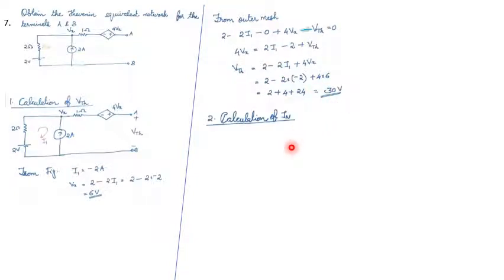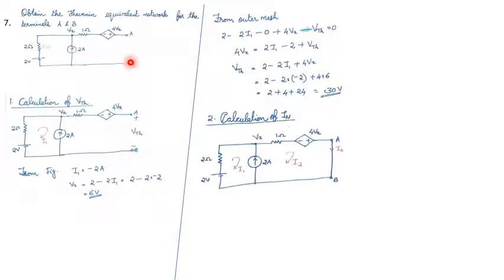Then calculation of IN. Now to calculate IN, short circuit A and B, we will get the circuit like this. From here we can write minus I1 plus I2 is equal to 2 ampere. Then Vx is equal to 2 minus 2 into I1. This is 2 volt.